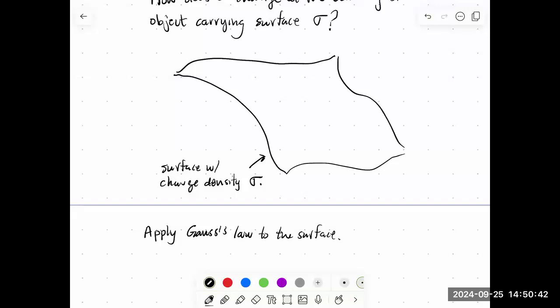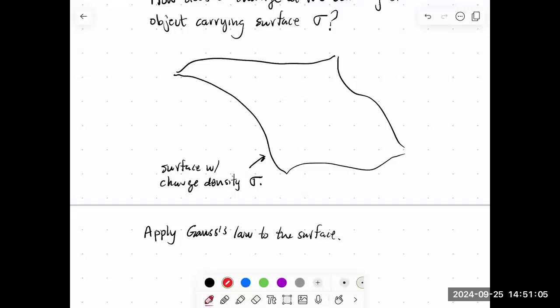We're going to choose our Gaussian surface small enough that we can approximate the surface as flat in the region contained by the Gaussian surface. And our Gaussian surface will have a top and bottom that are parallel to the charged surface.